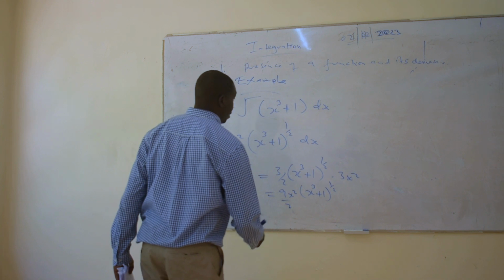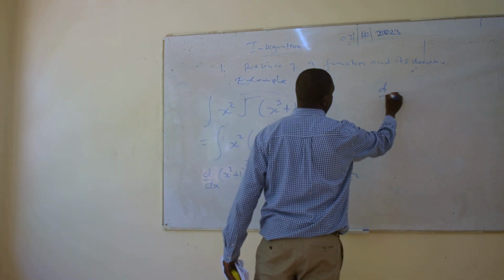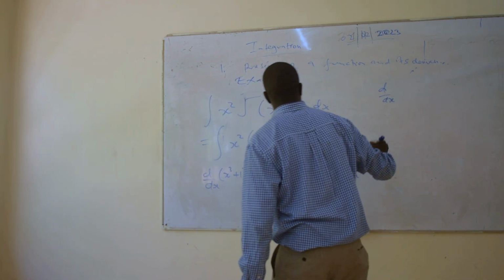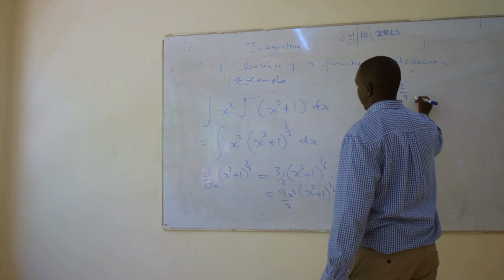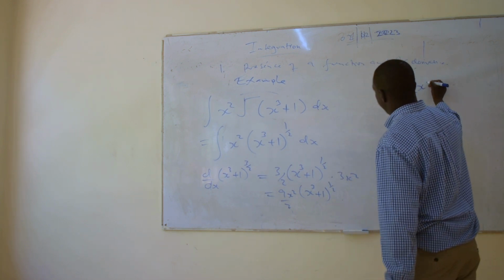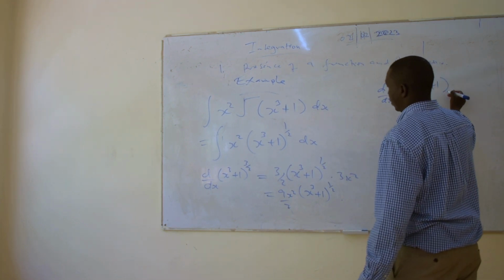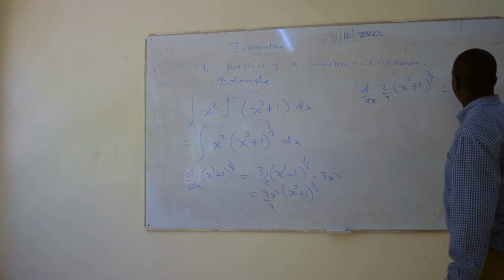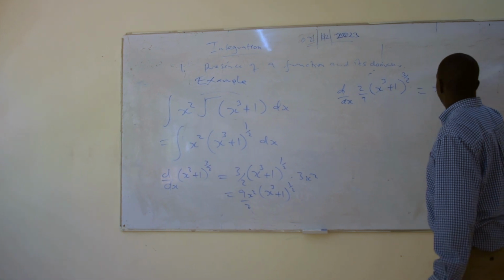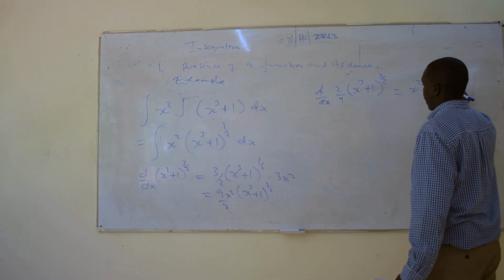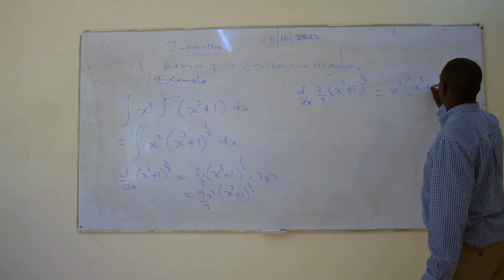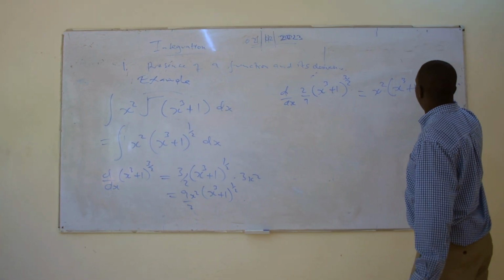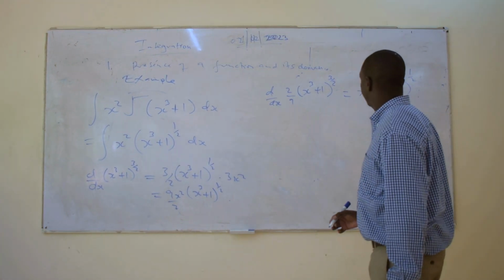Therefore it means if you differentiate 9 over 2 times x raised to power 3 plus 1 raised to power 3 over 2, you have x squared in bracket x raised to power 3 plus 1 raised to power half.